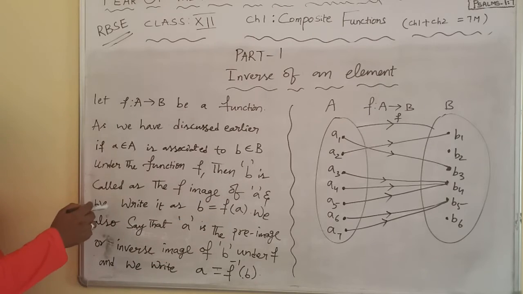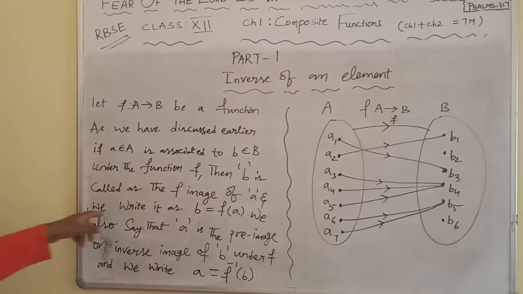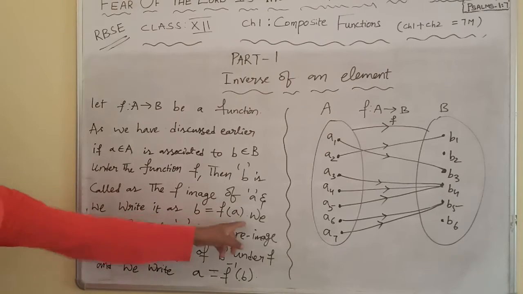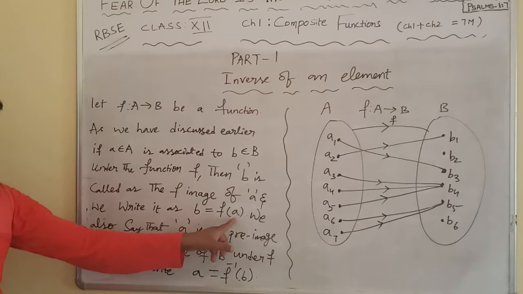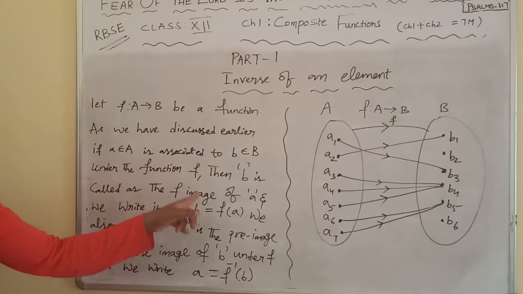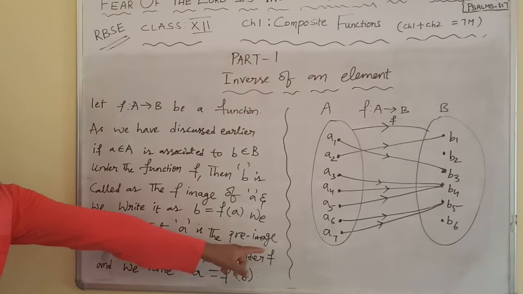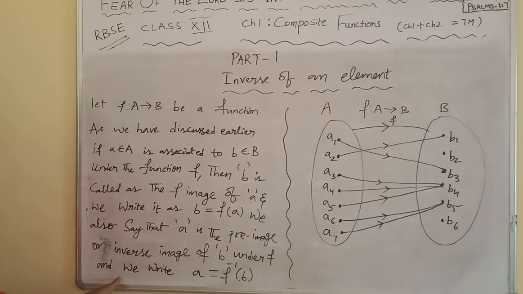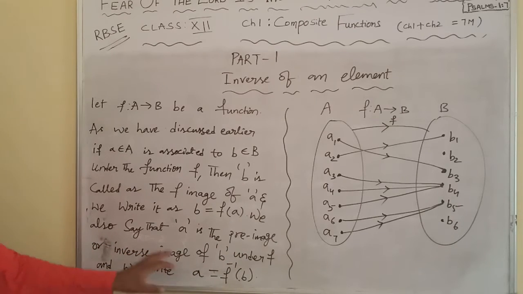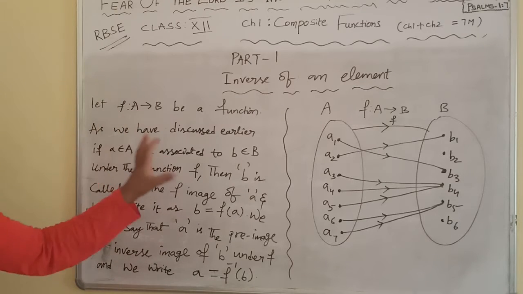So we write it as b is equal to f of a. We also say that this a is the pre-image of b, or inverse image of b under function f, and we write it as a is equal to f inverse of b. So this is the complete definition of inverse of an element.